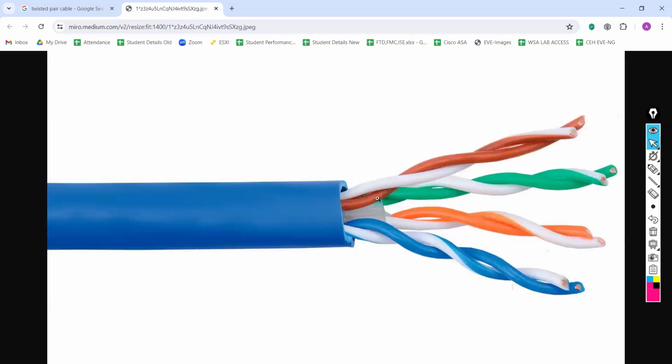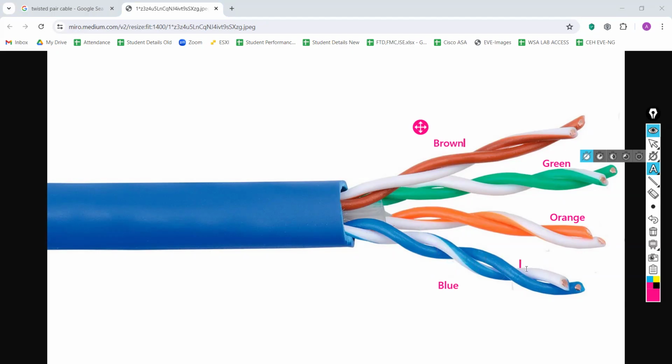This is how a twisted pair cable looks like. So four pairs are there. You see here, this one is blue, this one is orange, this one is green, and this one is brown. These are the four pairs. In each pair, two wires will be there. So one wire will have complete color like this, blue color wire, and another one is going to have some part of white.